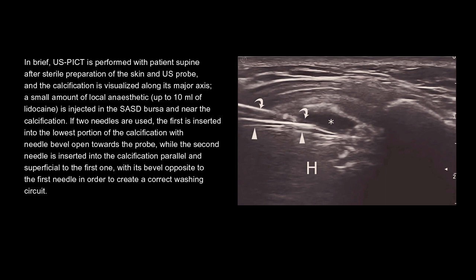If 2 needles are used, the first is inserted into the lowest portion of the calcification with needle bevel open towards the probe, while the second needle is inserted into the calcification parallel and superficial to the first one, with its bevel opposite to the first needle in order to create a correct washing circuit.